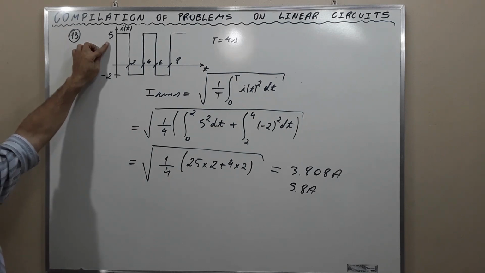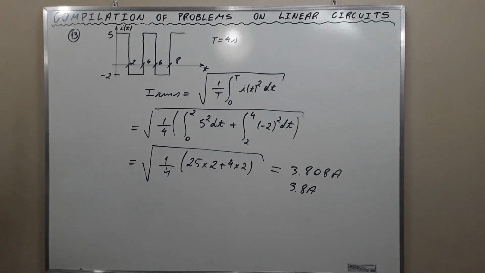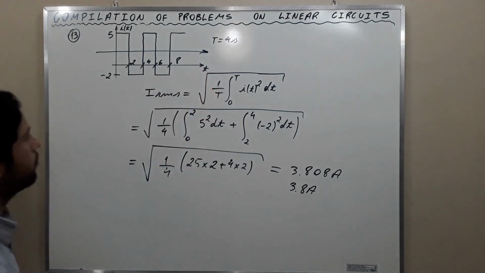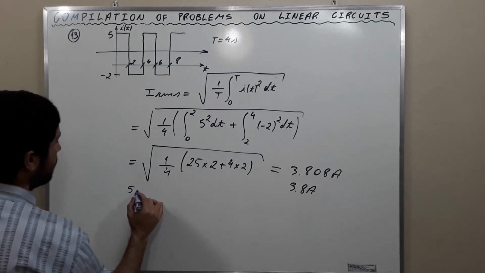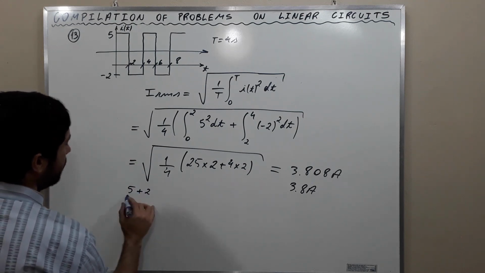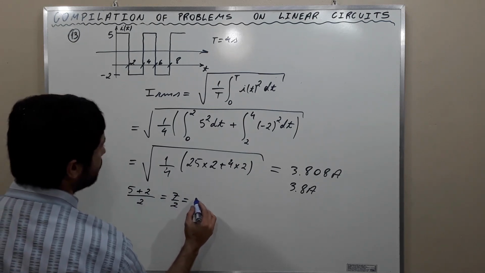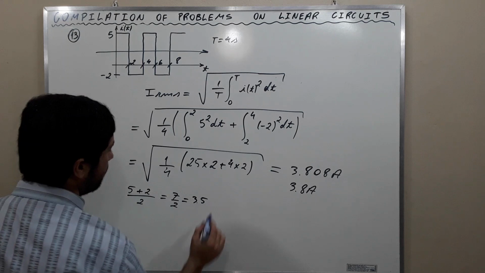But when calculating power, we do not use the peak value of a signal. In reality, the peak value is not 5 because we have to split it in half to find the average. The average is going to be 5 plus 2 divided by 2, which is 7/2, precisely 3.5.